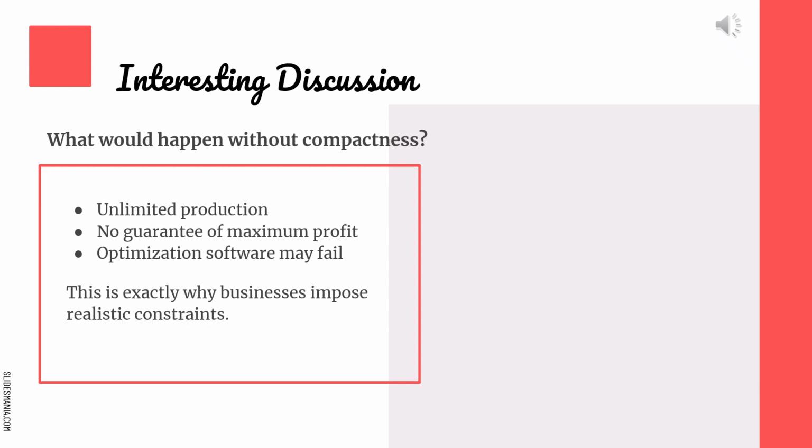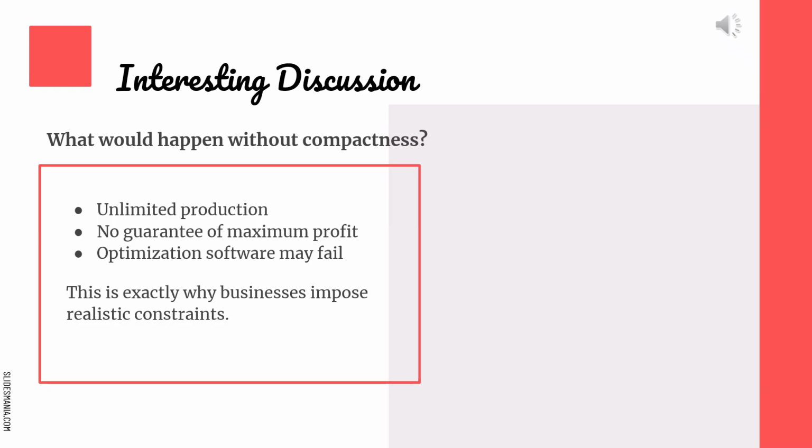So something to talk about is what would happen without compactness. What do you think? Let's say a company makes and sells a product and you have unlimited production.